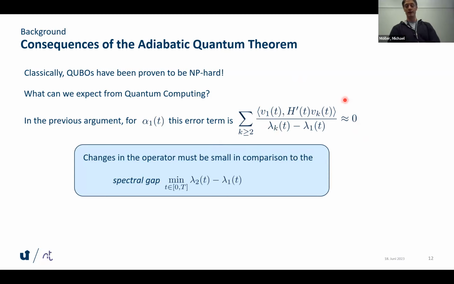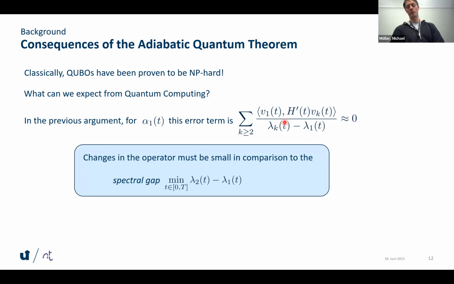So the numerator here gets small if the changes in the matrix here, so the temporal derivative of h, is small. And how small should this be? It should be small in comparison to, and the denominator here is the difference from the eigenvalues, lambda k, to the smallest eigenvalue.